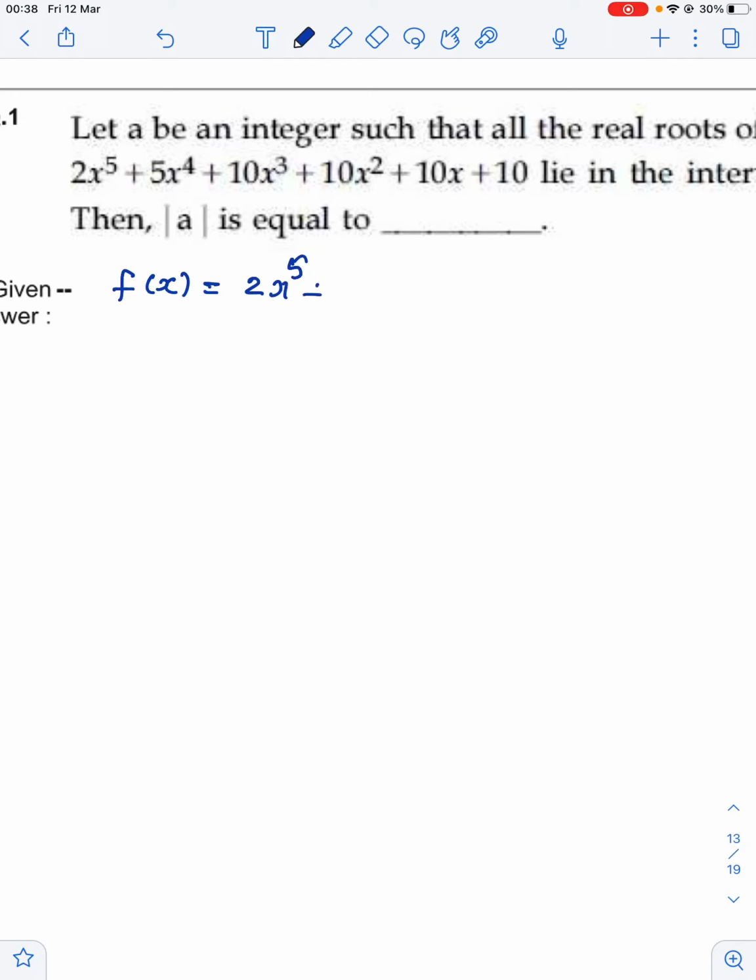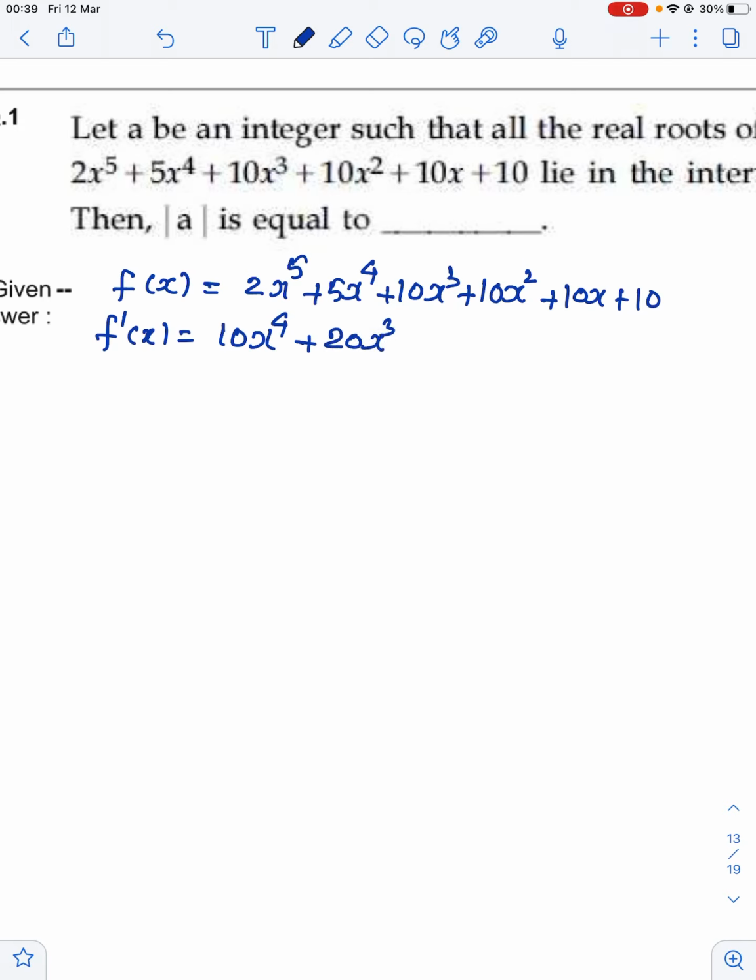So 2x to the power 5 plus 5x to the power 4 plus 10x cube plus 10x square plus 10x plus 10. If I differentiate, f dash x comes out to be 10x to the power 4 plus 20x cube plus 30x square plus 20x plus 10. You can see the coefficients are palindrome type.